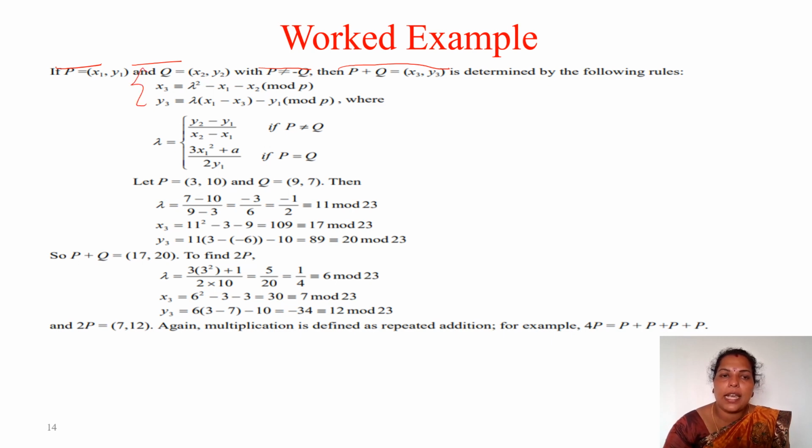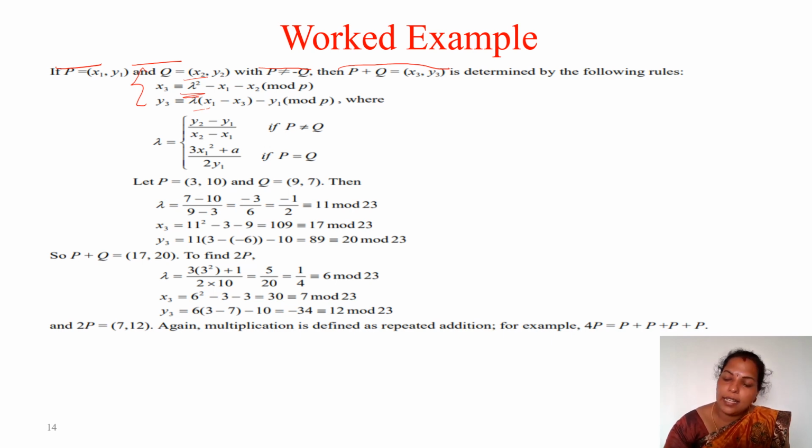Always keep in mind, all of these are mod operations. Here lambda is defined as (y2 minus y1) divided by (x2 minus x1) if P is not equal to Q, and if P equal to Q, then lambda is defined as (3x1 square plus a) divided by 2y1.